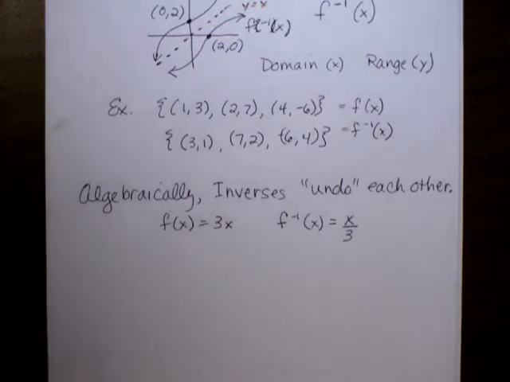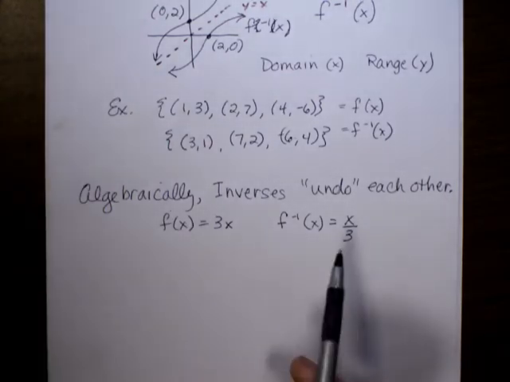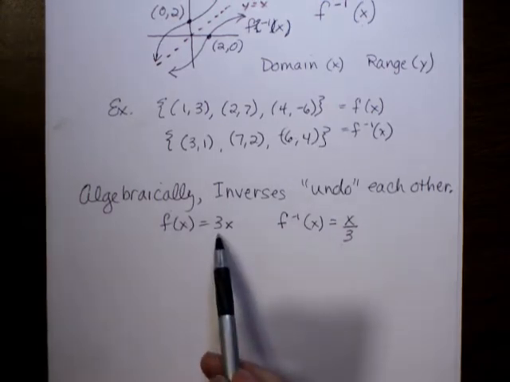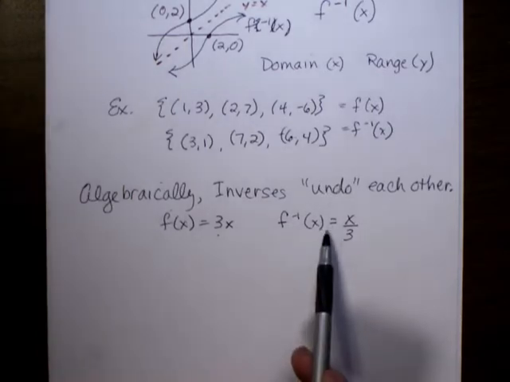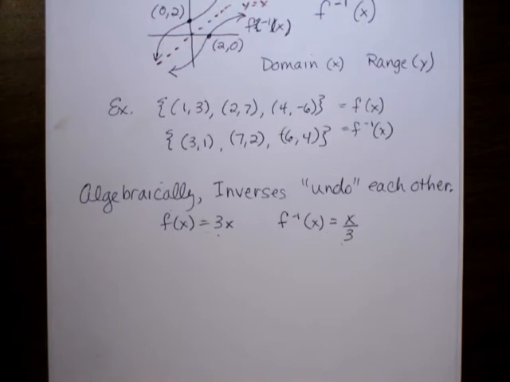Now, specifically, what we see when we use our composition functions is that when I plug an inverse into the function, everything cancels out except for the x, and vice versa. When I plug a function into its inverse, everything is going to cancel out.